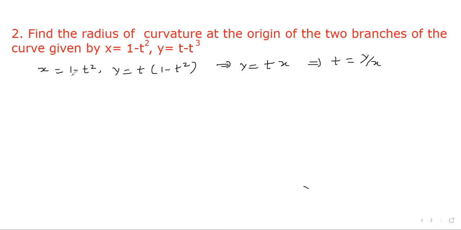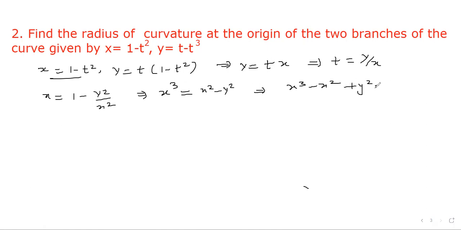So here this will become x equal to 1 minus y square upon x square, which can be further simplified. So it will become x cube equal to x square minus y square. So we can write it as x cube minus x square plus y square equal to 0.